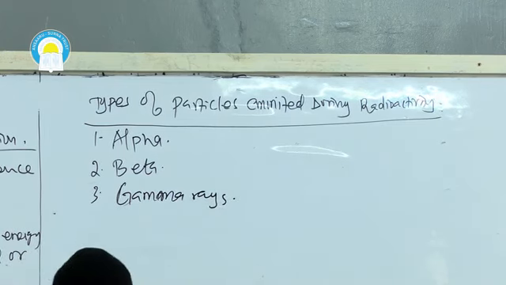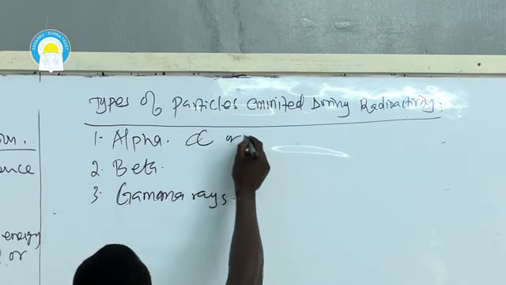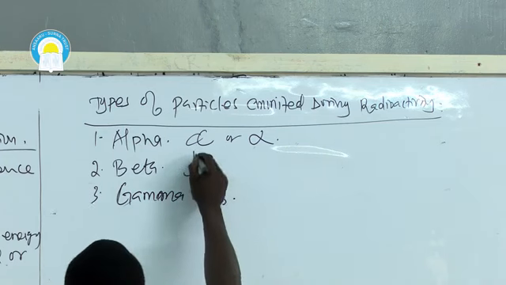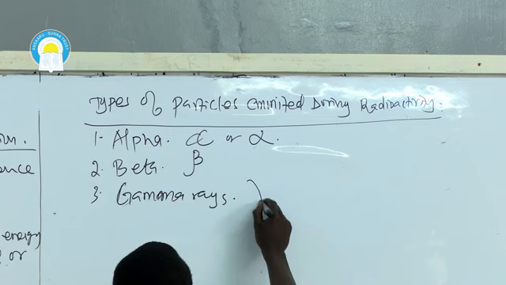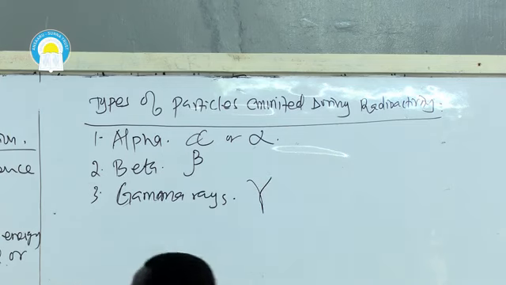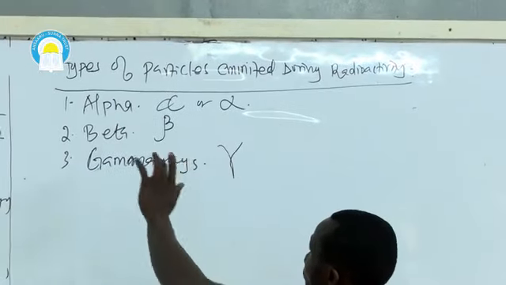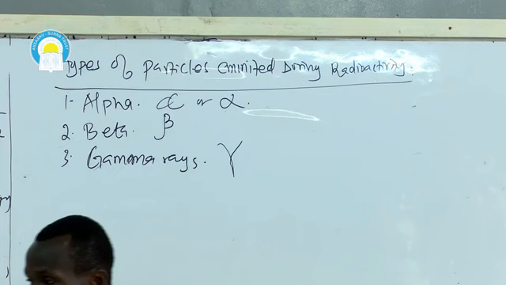Alpha particle is represented by this one there, and beta particle is represented by that, and we have the gamma rays which are represented by that. So that is the representation of an alpha particle, a beta particle, and the gamma rays.